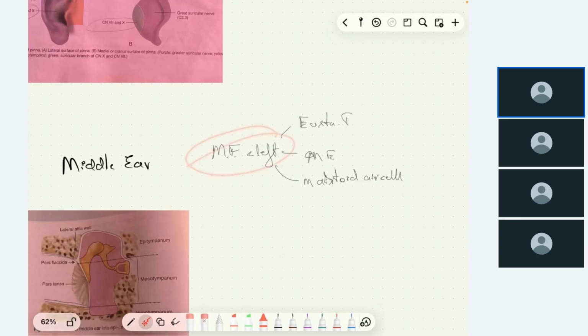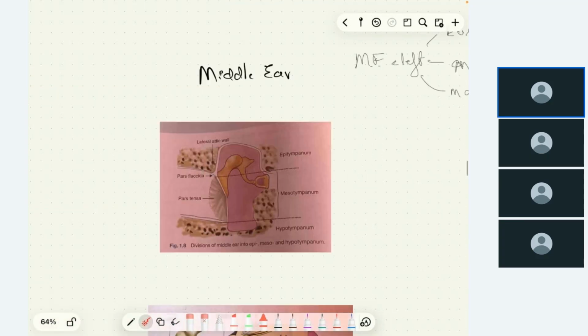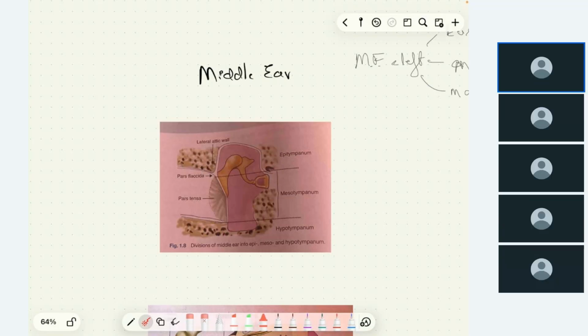Now the middle ear is lined by mucous membrane and filled with air. We all know that. Please note, the middle ear extends beyond the limits of the tympanic membrane, which forms the lateral boundary, and is sometimes divided into mesotympanum, epitympanum, and hypotympanum.